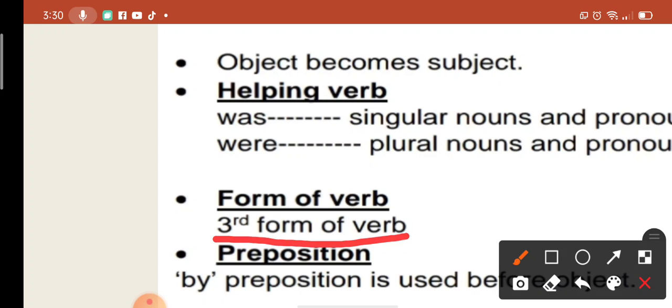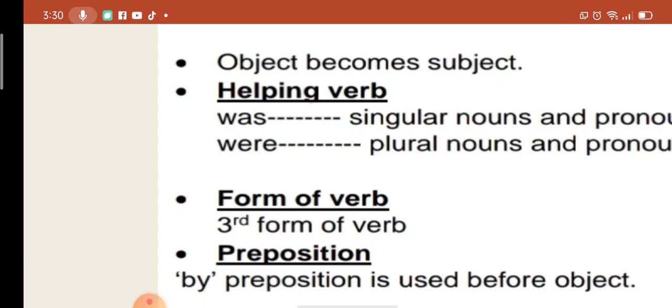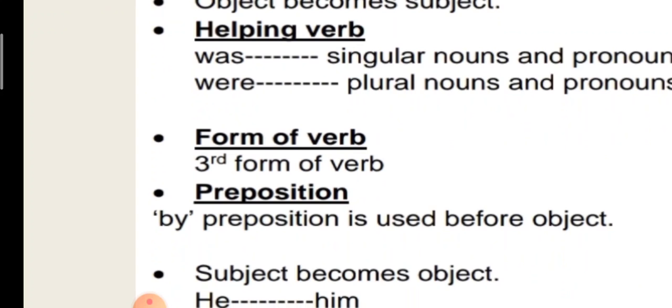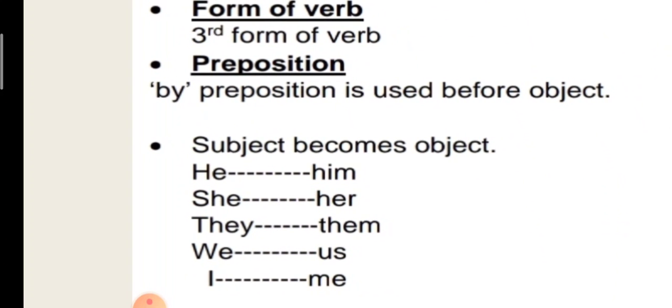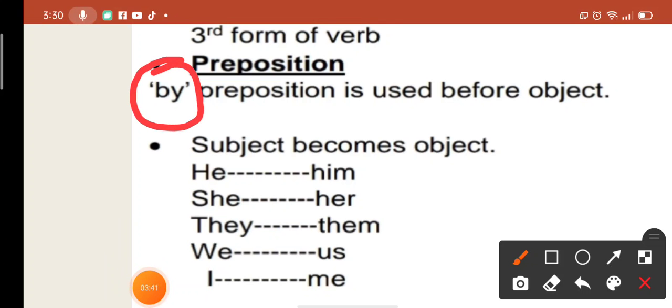So next move towards the next rule, and that is preposition. The preposition that we use after form of verb is by. So in all passive voices, by preposition is used.